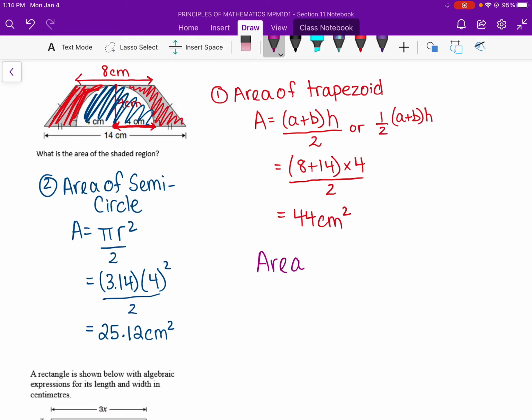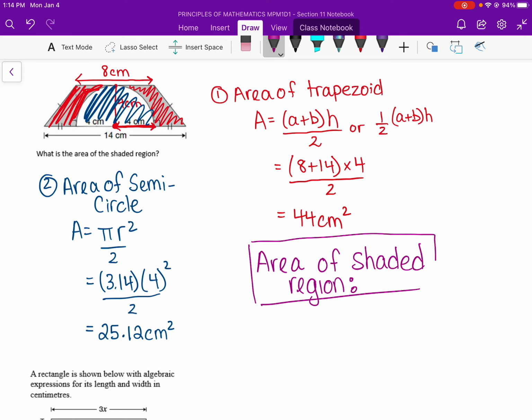So what do you guys get for, or how would you figure out the area of the shaded? What should we do? Trapezoid area minus semicircle equals shaded.